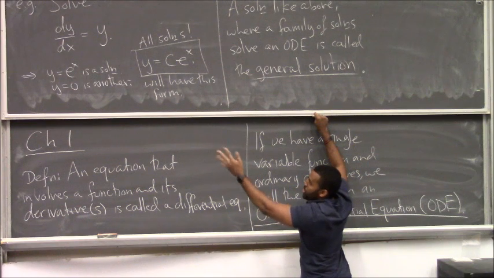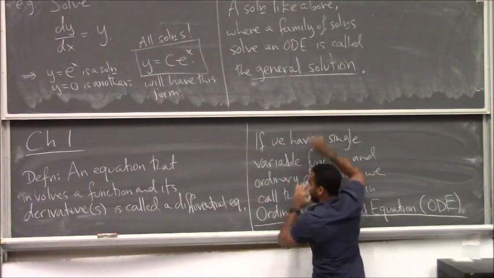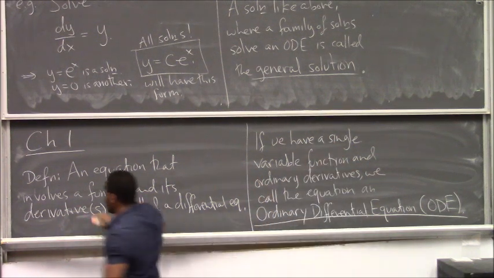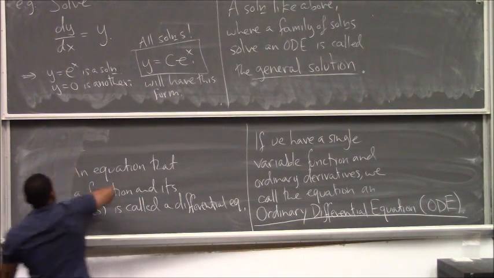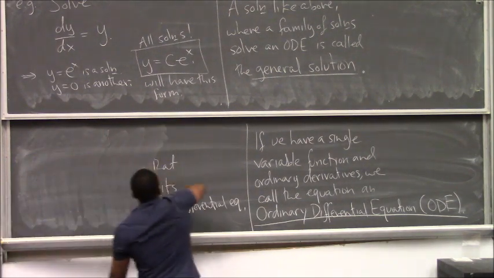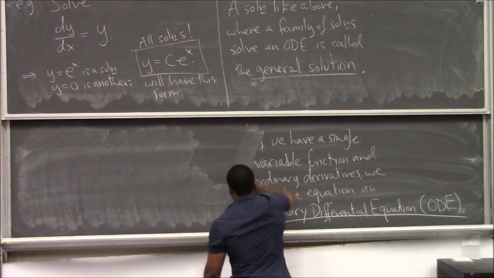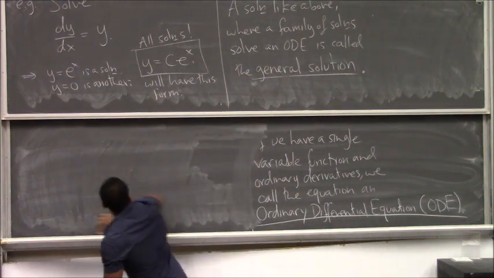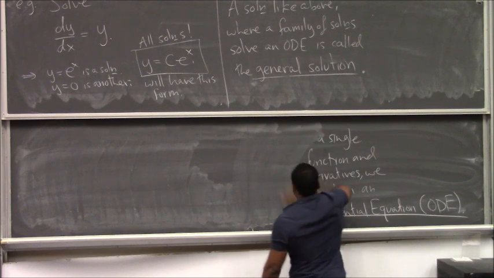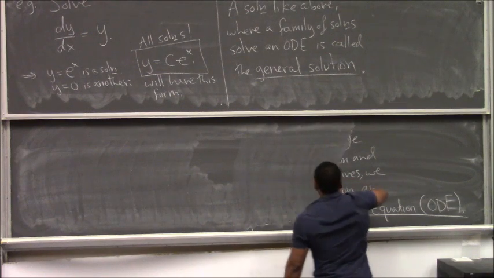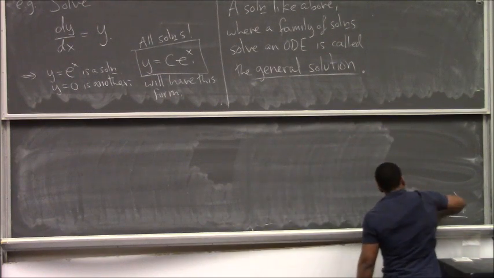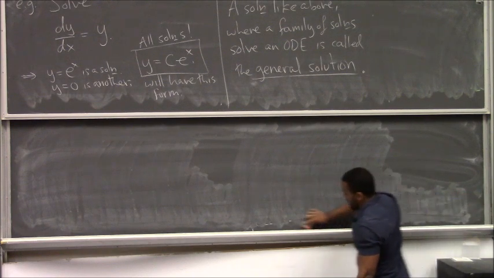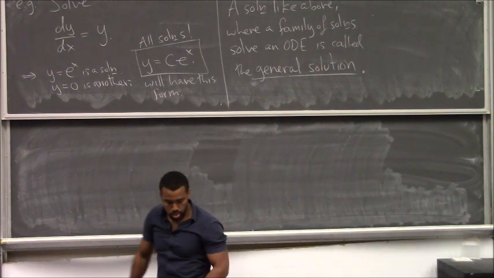Now I know it kind of looks like we're just guessing and checking, but we'll get to a point where you can actually find the solutions here. Now, I mentioned a general solution, which would suggest that there's another kind of solution. And there is. Let me introduce that kind of solution right now.